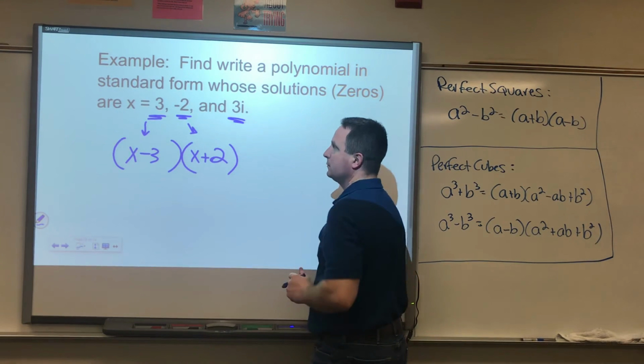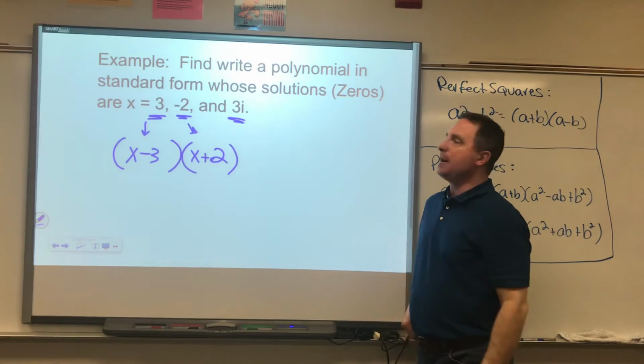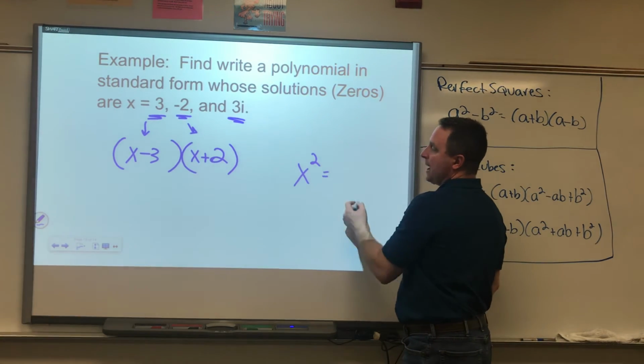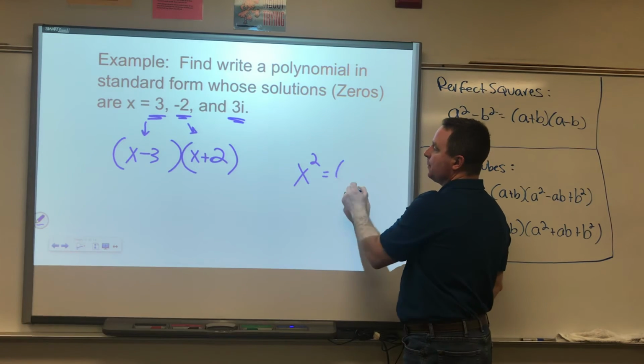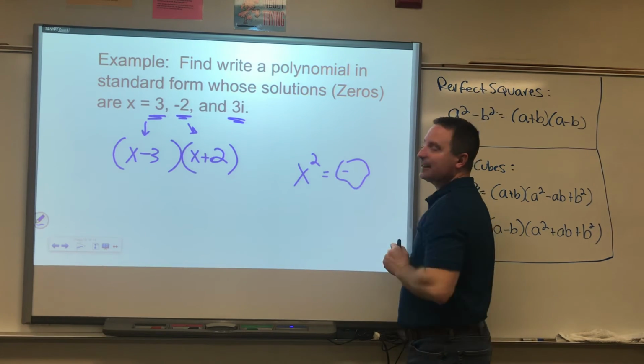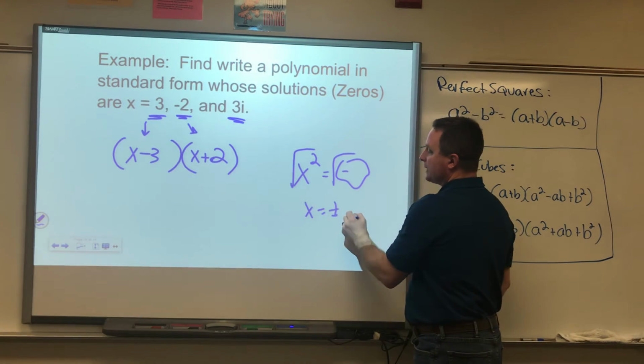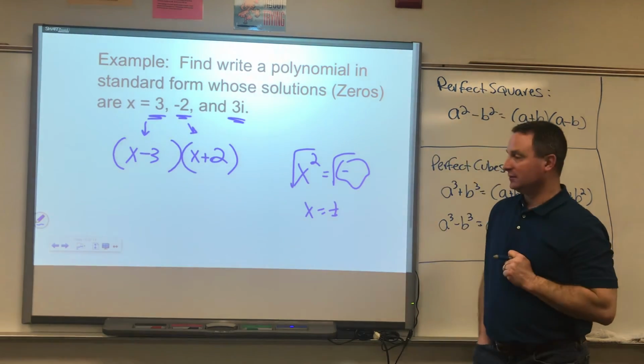X plus 2. Now, how about the i's? Now, if you remember, where does an i come from? It comes from when we had x squared equals something, and it was a negative number. And I square rooted, and I always get a plus and a minus.